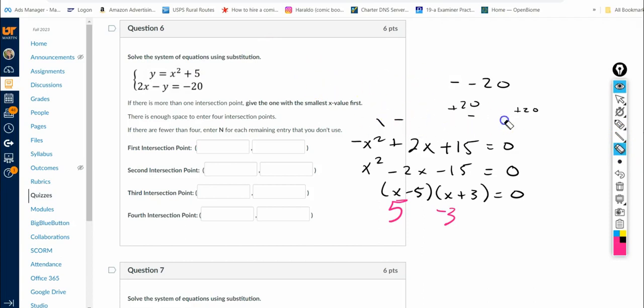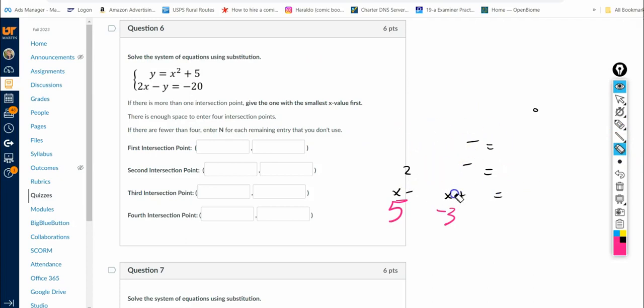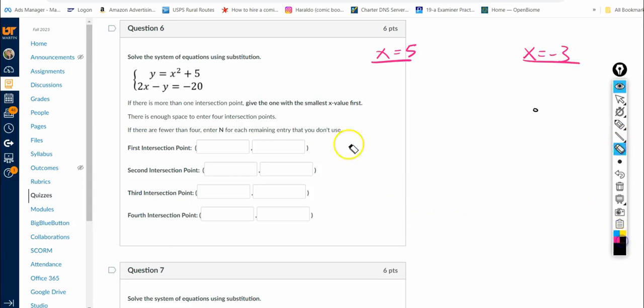So now let's see what happens. Suppose x is equal to 5, and then suppose x is equal to -3. Now, I'm going to use that equation.